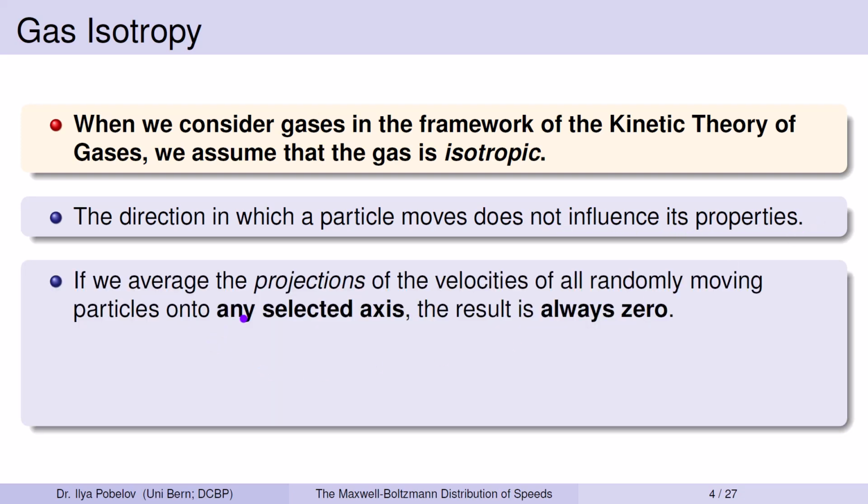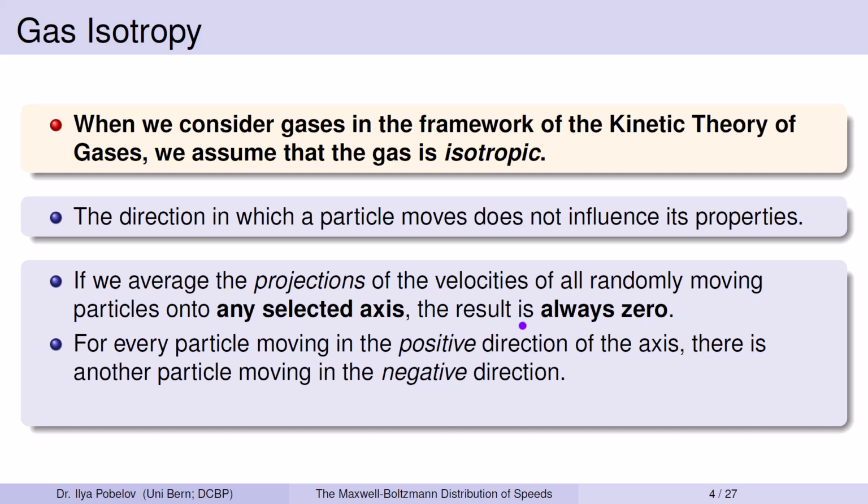As we have previously discussed, if we average the projections of the velocity of all randomly moving particles onto any selected axis, the result is always zero. This happens because for every particle moving in the positive direction of the axis, there is another particle moving in the negative direction, causing the velocity projections to cancel out.